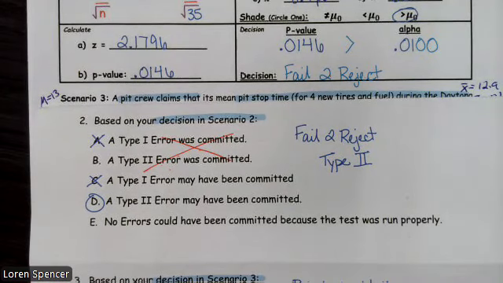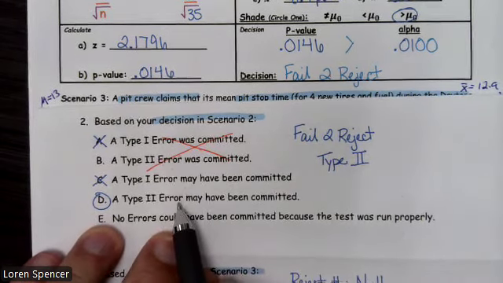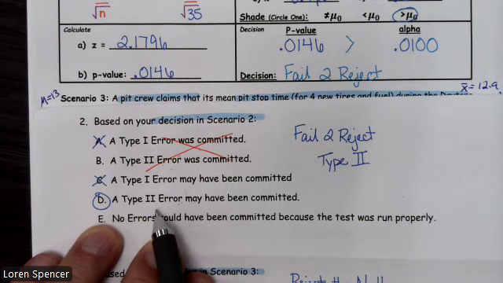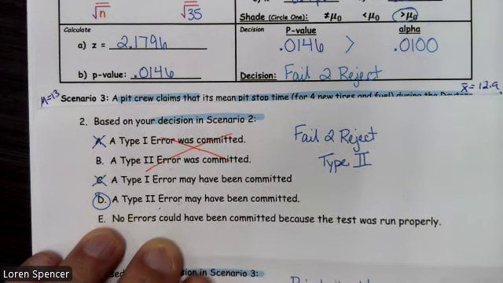Failing to reject might have been the right decision. Maybe they're not losing more than 8 pounds. We don't know. If an error is committed, we'd fix it. We don't know if an error was committed. It could have happened by random chance alone. So anytime you fail to reject, the only type of error that you may have committed is a type 2.